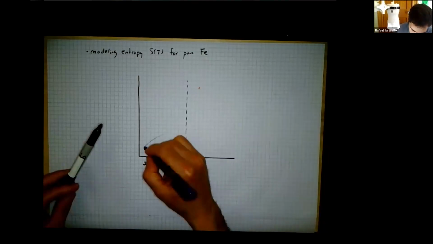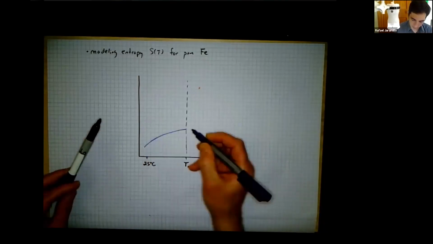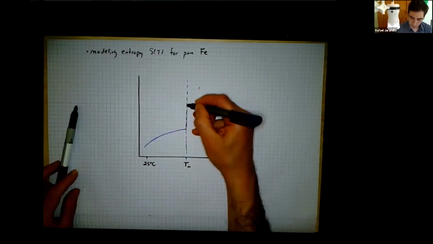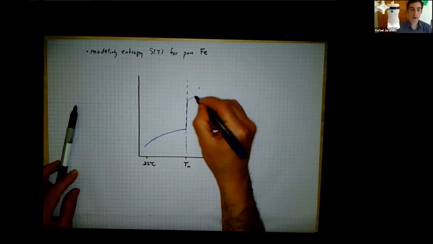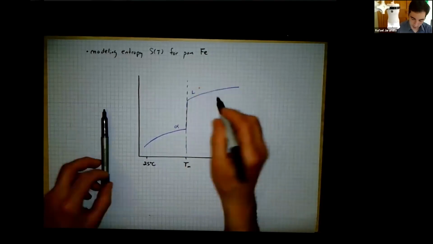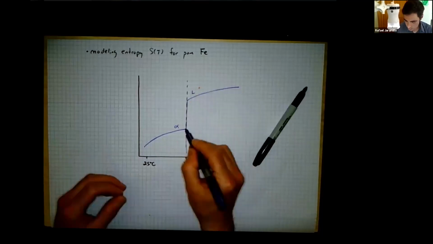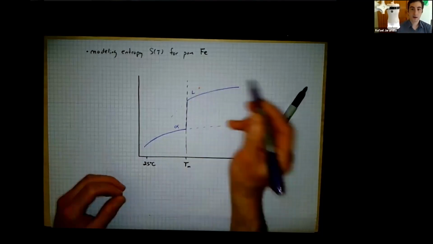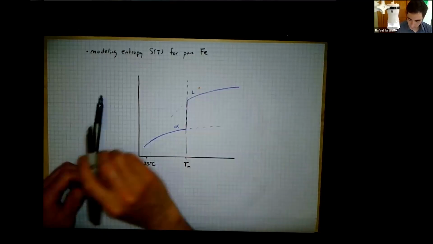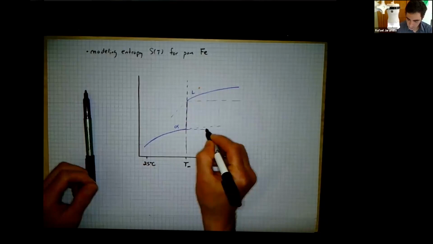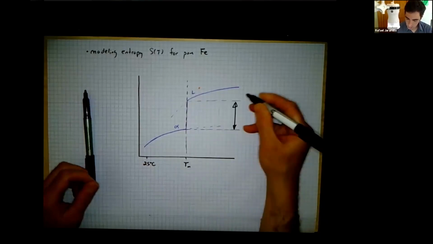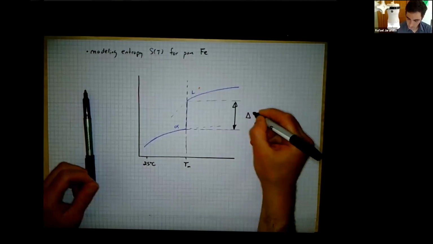This pen is dying. Right, so entropy goes like that, and then there's going to be a transformation entropy, and then entropy will continue to go like that. And I have alpha phase, and I have liquid phase, and in general this function continues, and as before I have a transformation entropy.